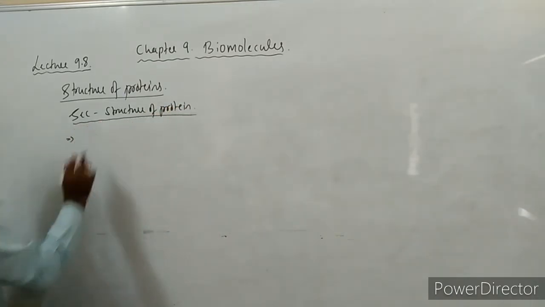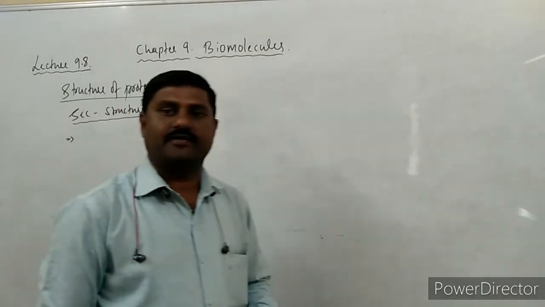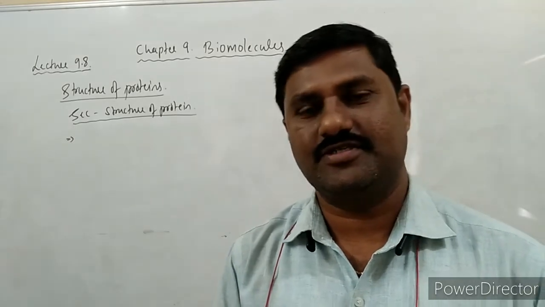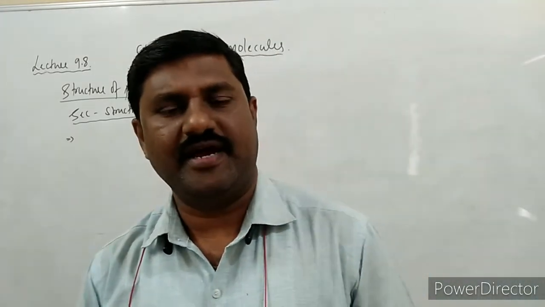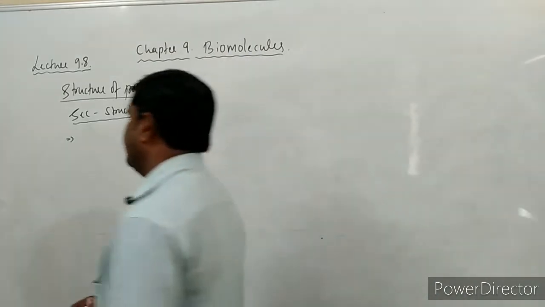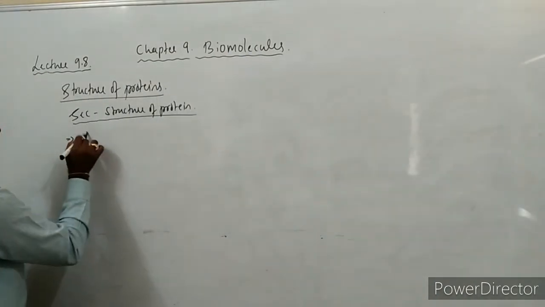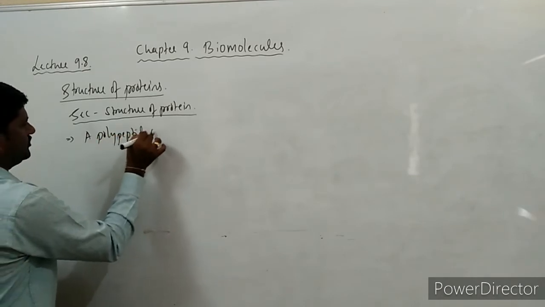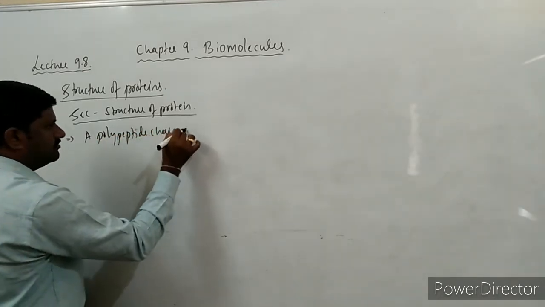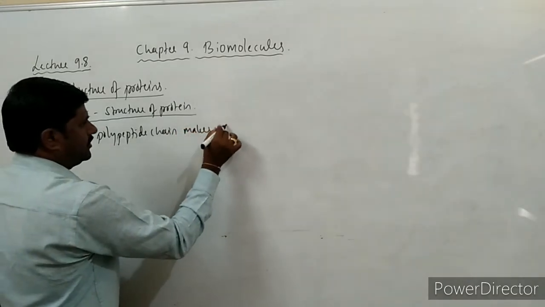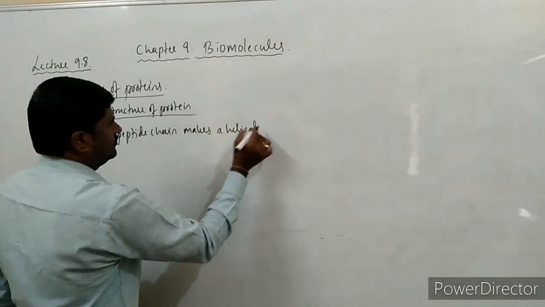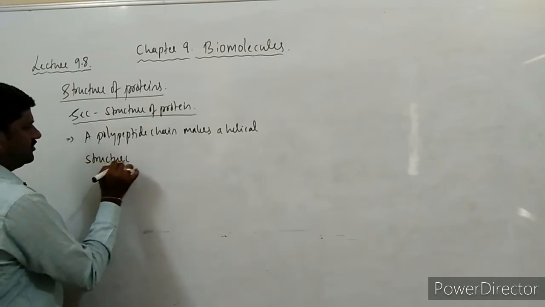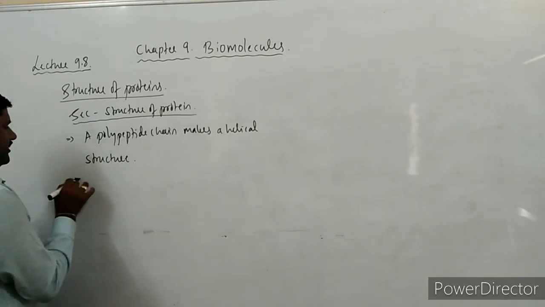So this is the secondary structure of protein, which becomes a three-dimensional helical structure, which is made up of a chain of polypeptide itself. So it is also made up of a polypeptide chain. A polypeptide chain makes a helical structure over here.